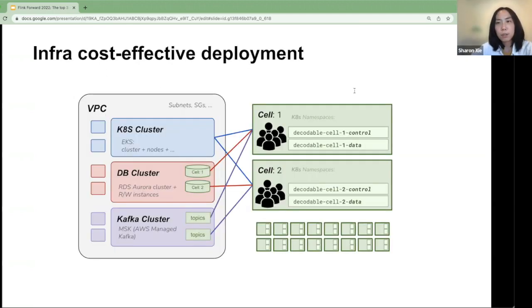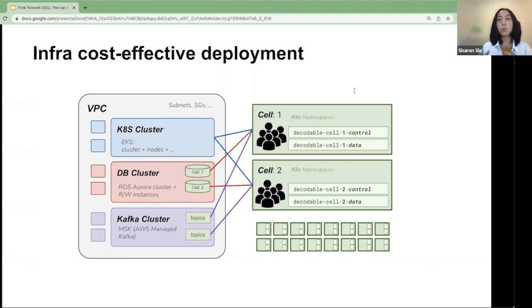For infrastructure isolation, as I mentioned earlier, there's a balance between cost effectiveness and more security. So the short answer is that there is no one size fits all. Instead, we make it flexible to configure. Our deployment unit is a cell.